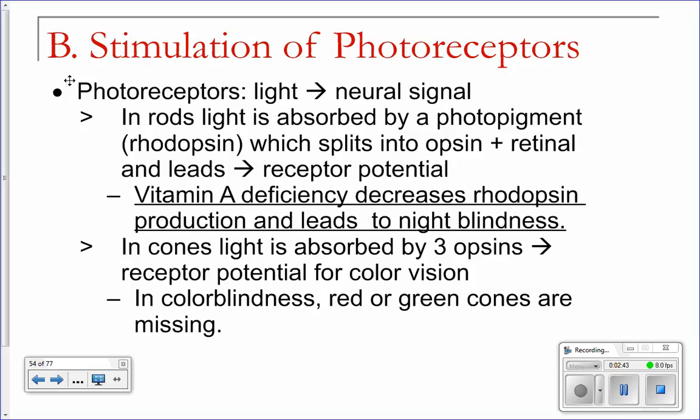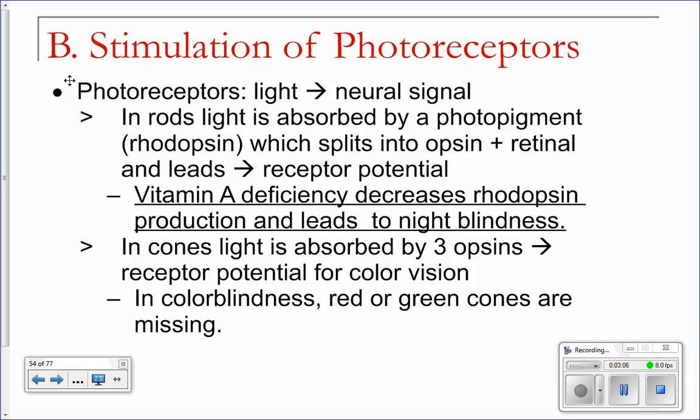Okay, so that splits into opsin and retinol. One of the reasons why you eat carrots, it's like, oh, beta carotene, vitamin A, it's really good for your eyes. This is why. That vitamin is used by your body in order to create this rhodopsin so that you can see.